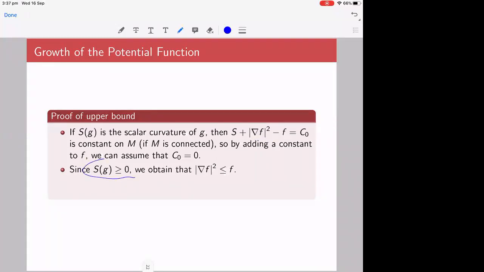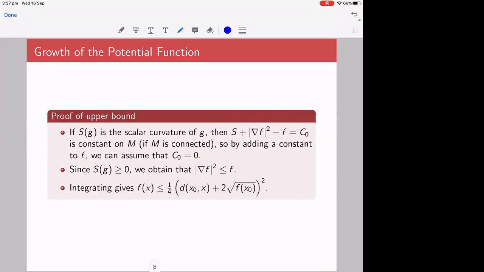So combining this and this, we get this fun estimate here, namely that the gradient of f, taken with respect to g, the square of that is controlled by f. Now, you can interpret this as sort of an ODE.